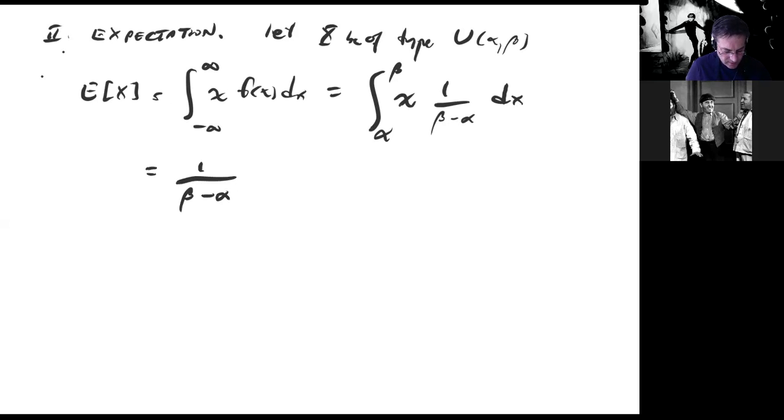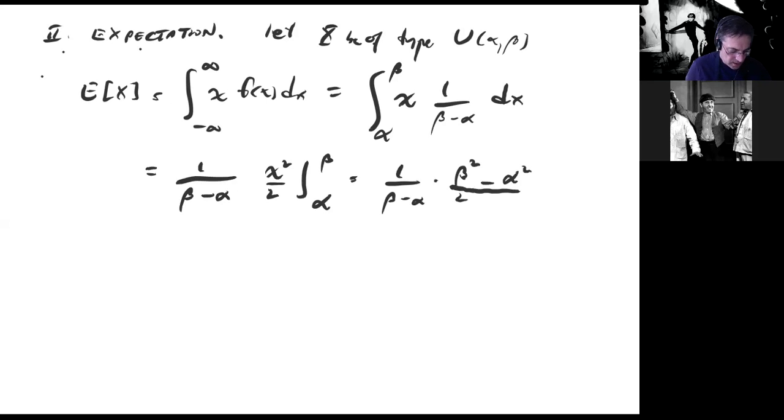and we're integrating x, so you get x squared over 2, and it's from alpha to beta, so you're going to get 1 over beta minus alpha times beta squared over 2 minus alpha squared over 2, so it's beta minus alpha squared over 2. And beta squared minus alpha squared is beta minus alpha times beta plus alpha, so you're going to get alpha plus beta over 2.